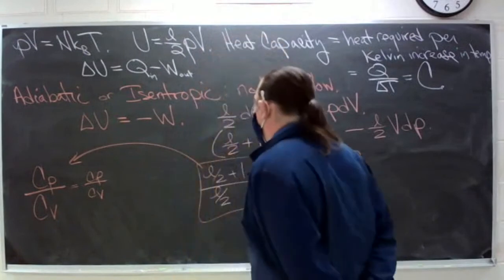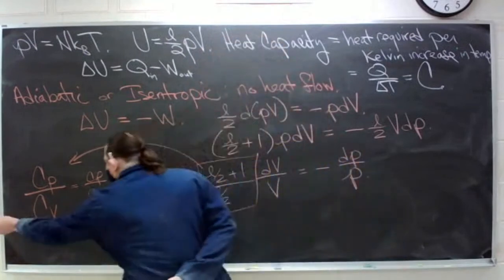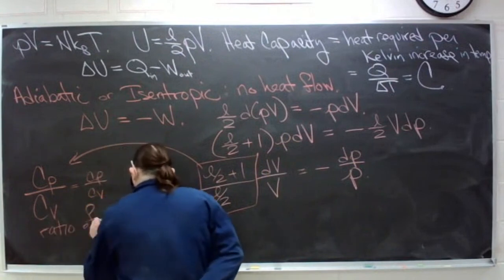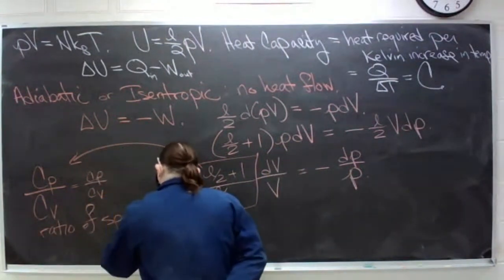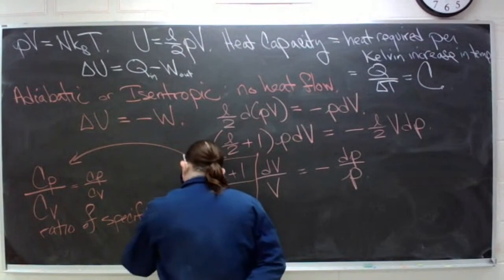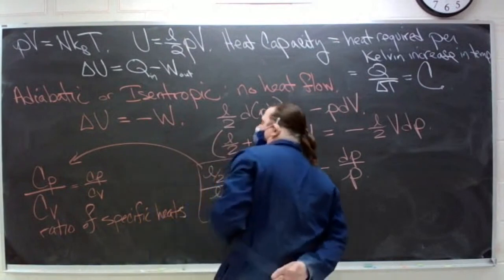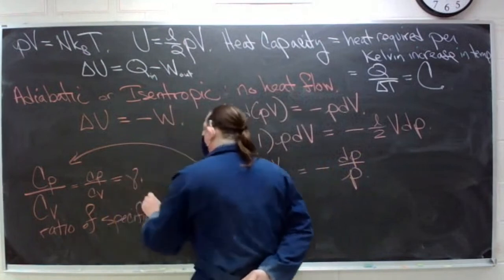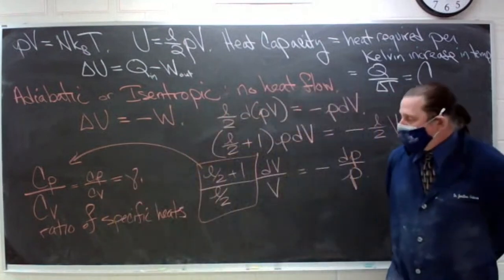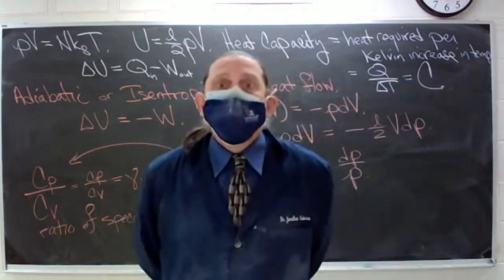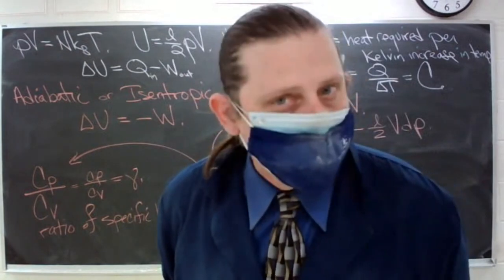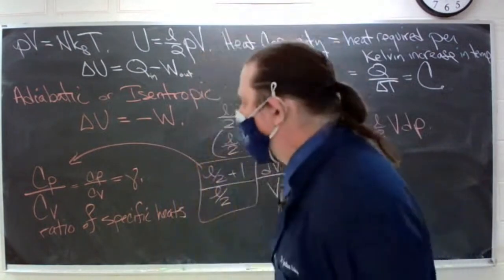So this is the so-called ratio of specific heats, which is given the symbol gamma, not to be confused with the Euler-Mascheroni constant. All right?